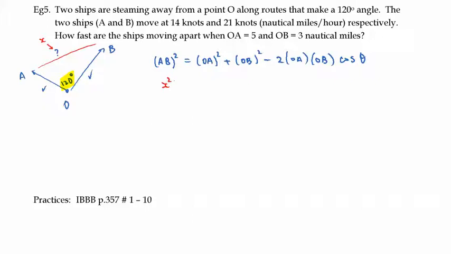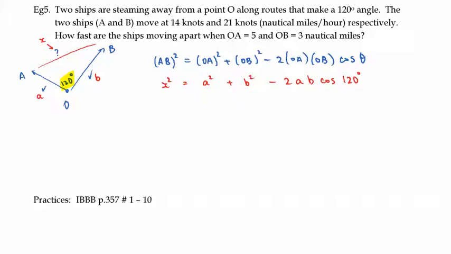So we have x squared equals, with OA and OB called a and b, a squared plus b squared minus 2ab cos theta. Now, knowing theta is 120 degrees, I'm going to make my substitution right away.